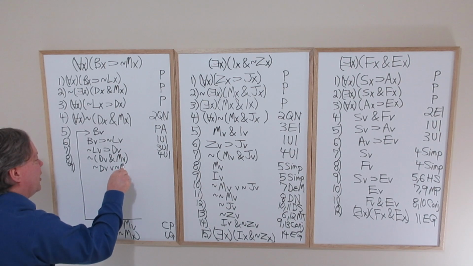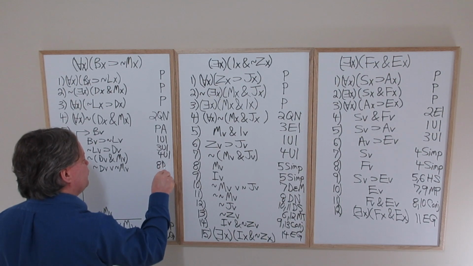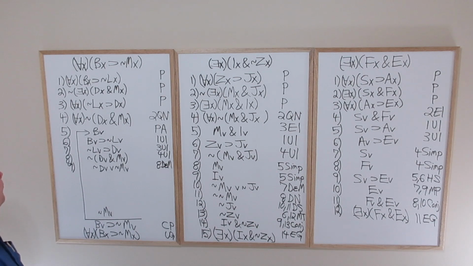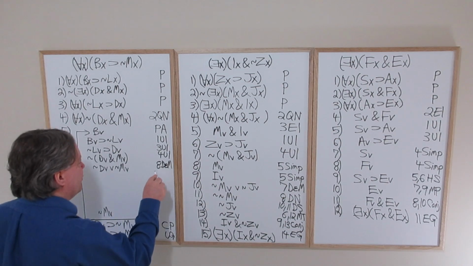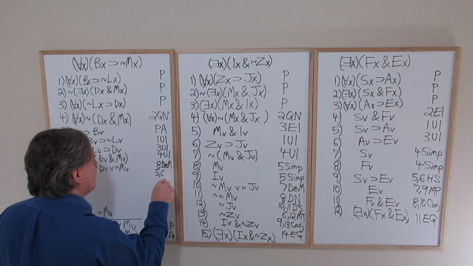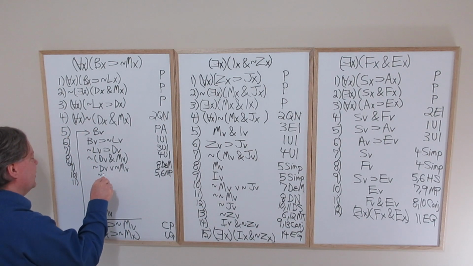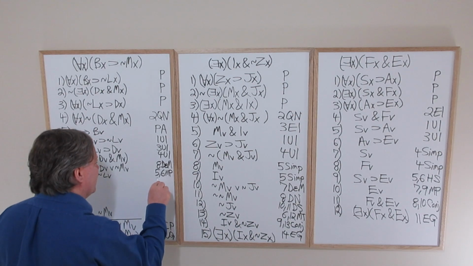May as well start off with 8, De Morgans. Five, 6 modus ponens will give us tilde L(V). 7, 10 modus ponens.